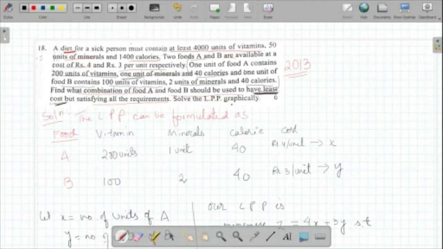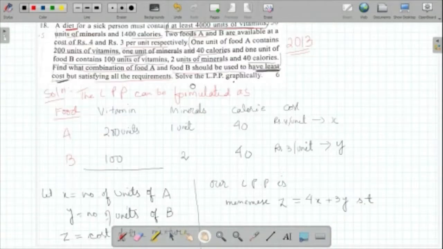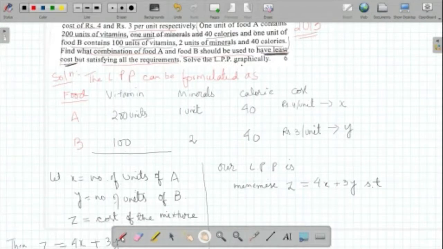The diet should contain at least 4,000 units of vitamin. So the mix of A and B should give vitamin greater than or equal to 4,000.